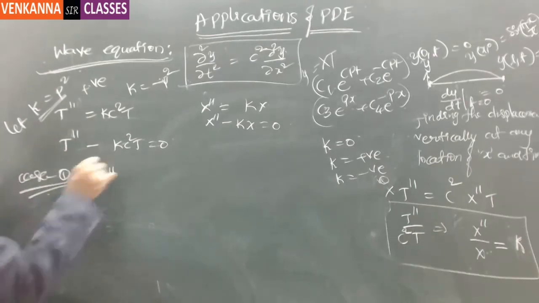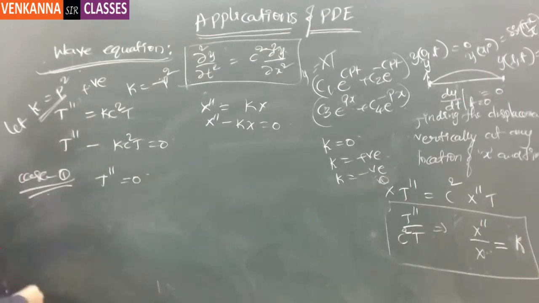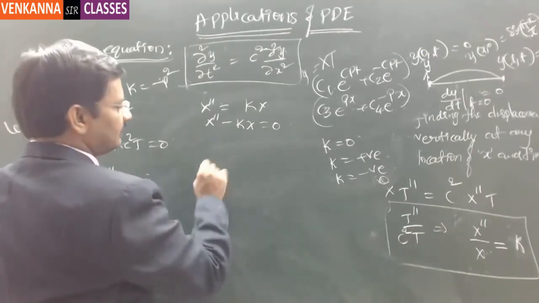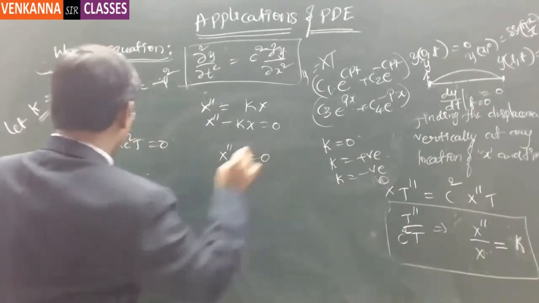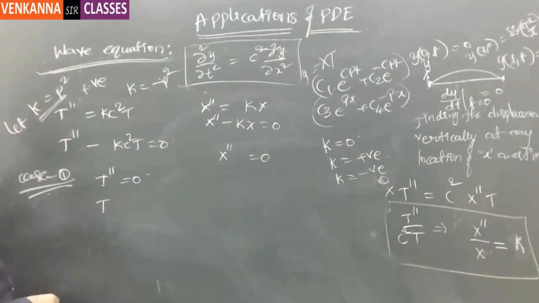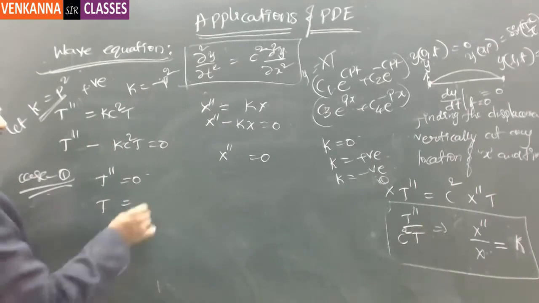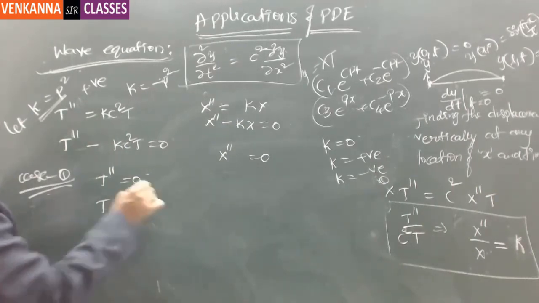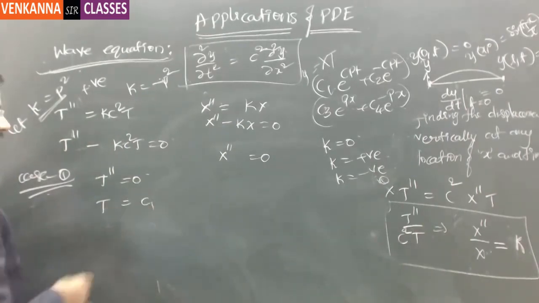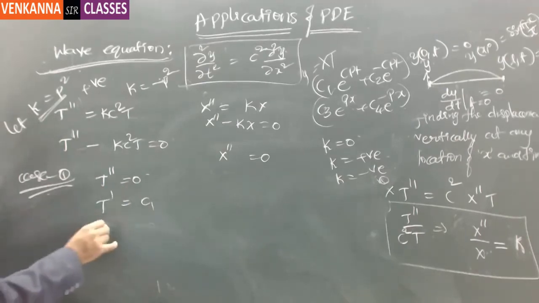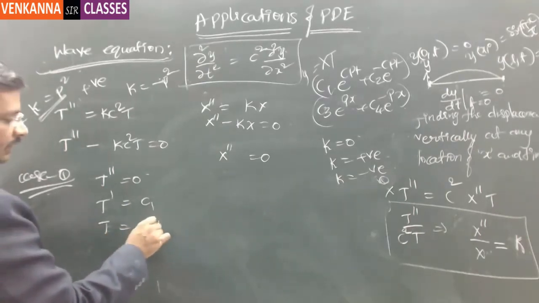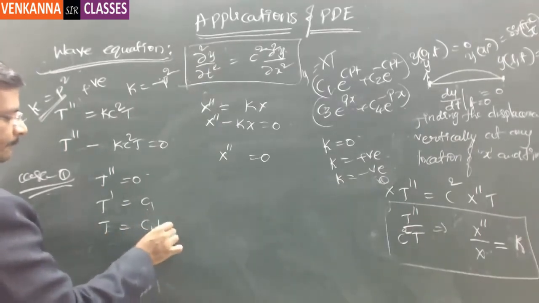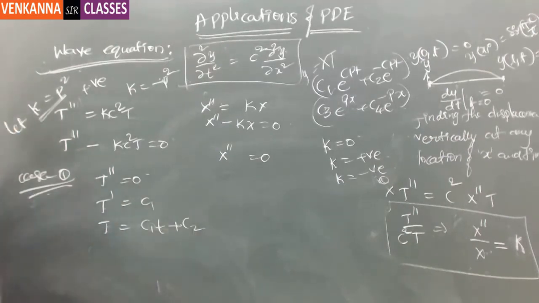So T double dash equal to 0 and X double dash equal to 0. And then if you take one integration, this is a constant, C1. And then if you integrate again, T is equal to C1 t plus C2. So this is one solution.